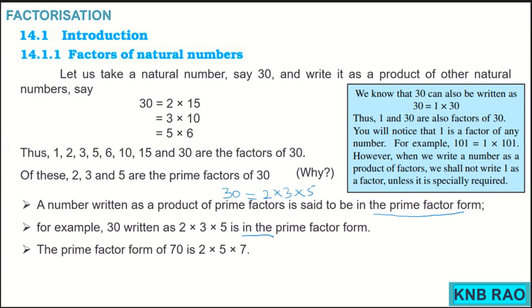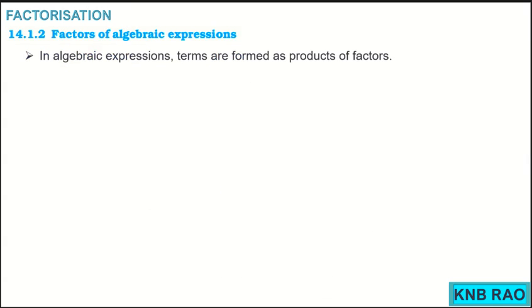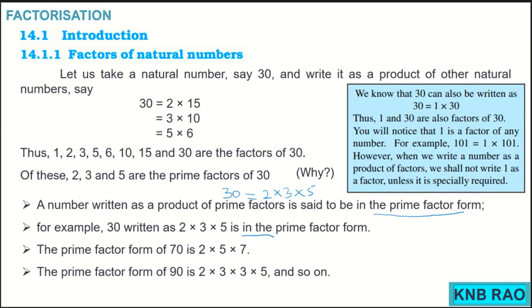Similarly, what is the prime factorization of, let's say, 90? 90 can be written as 2 into 3 into 3 into 5, or even we can write 90 as 2 into 3 square into 5, where we say 90 is in prime factors form, and the prime factorization of 90 is 2 into 3 into 3 into 5.